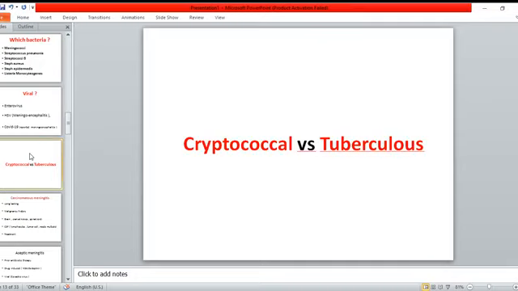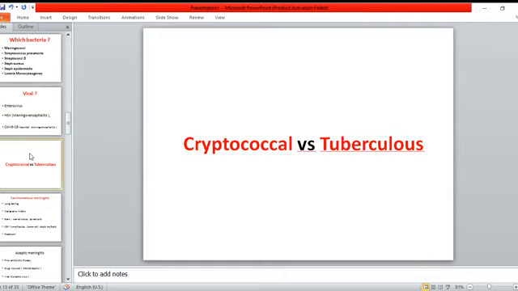As I said, cryptococcal infection, the fungal infection caused by Cryptococcus neoformans, and TB meningitis are common in immunocompromised patients. The scenario of these two cases is usually similar, but if you read the question carefully you will reach the diagnosis and can easily differentiate.